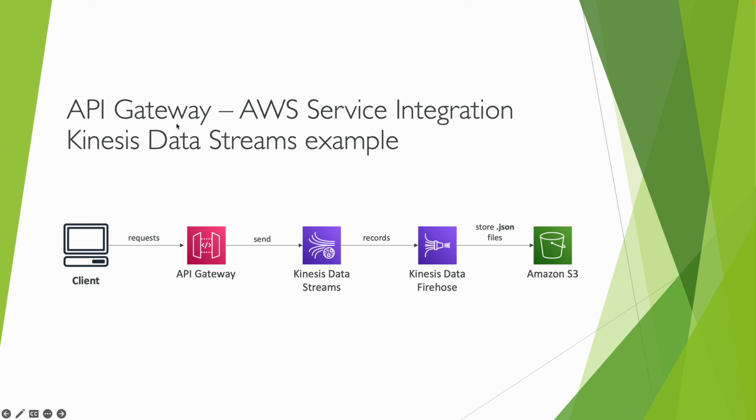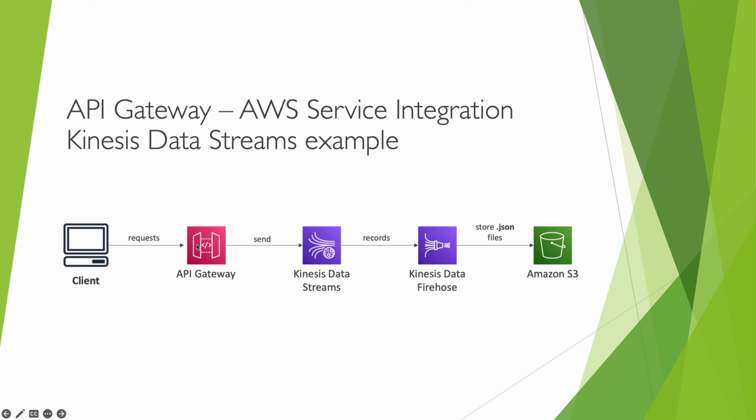So we'll see how this API gateway works. For example, AWS service integration with Kinesis. We'll integrate API Gateway with the AWS Kinesis data stream. Say we have a client, and it sends some data to API Gateway.